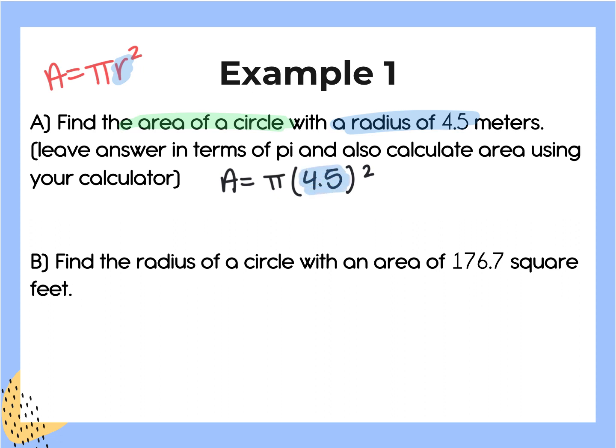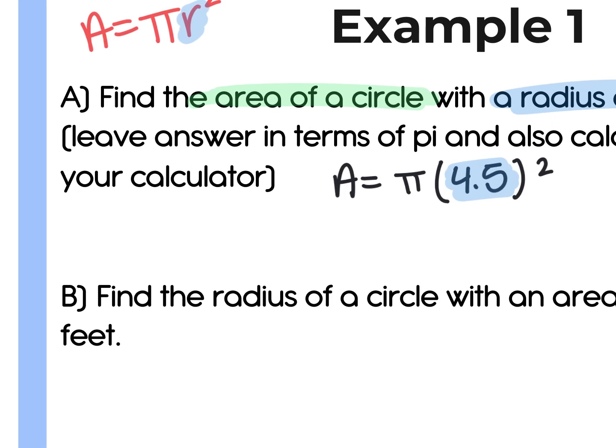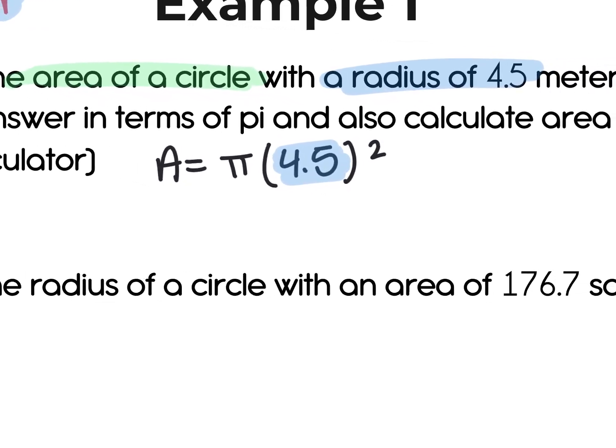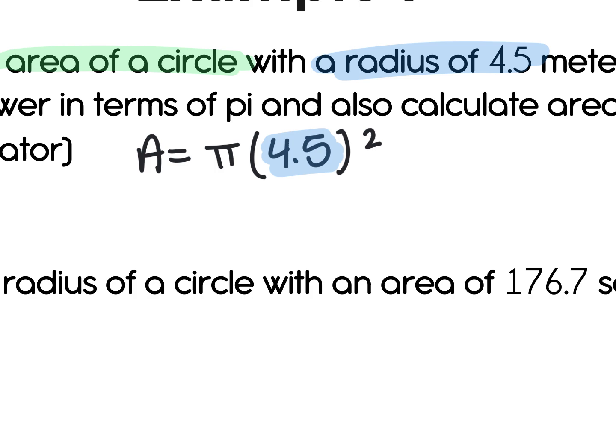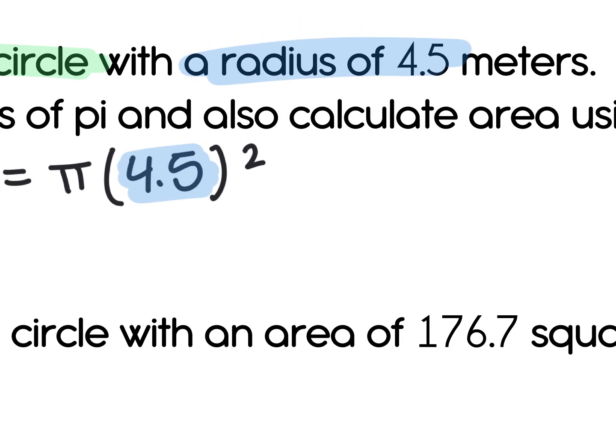Now I have to solve it. Again, you are not getting a calculator. So 4.5 squared is multiplying which two numbers? Does anybody know? What is 4.5 squared? How would I solve that? Good, 4.5 times 4.5. So I'm just going to go ahead and multiply it to the side. If you don't know how to multiply, please pay attention.